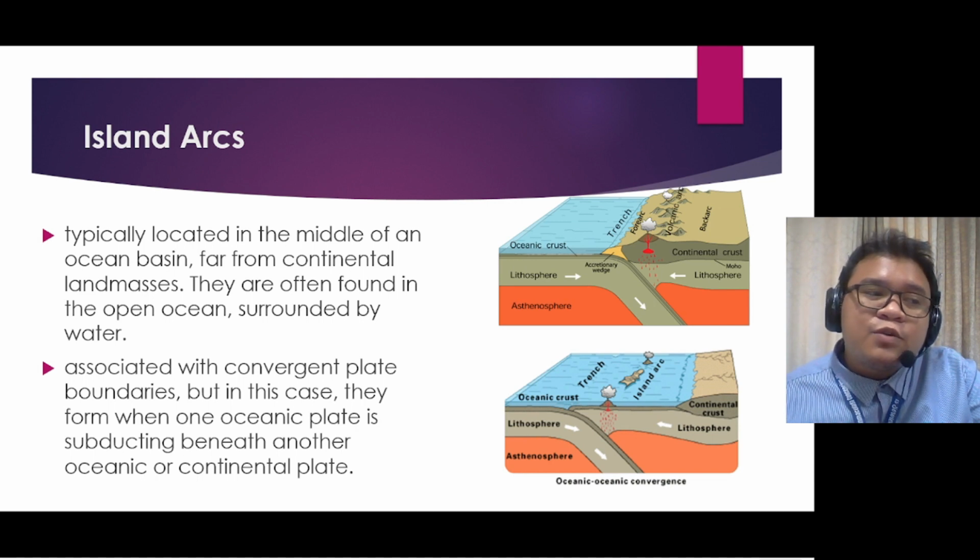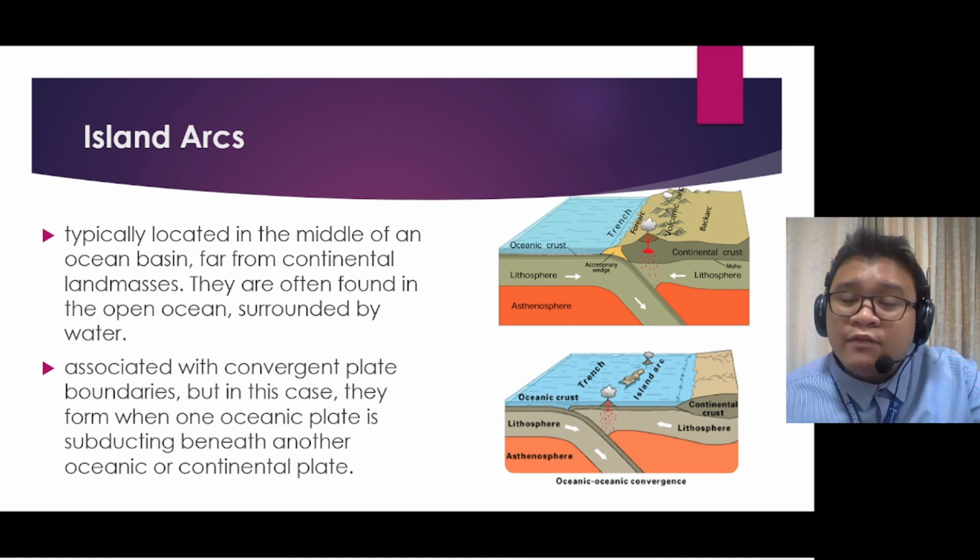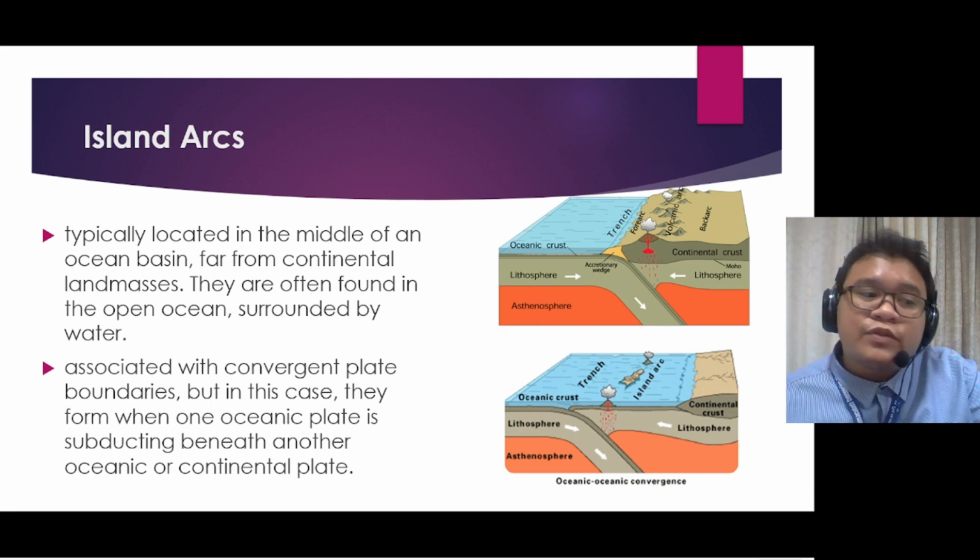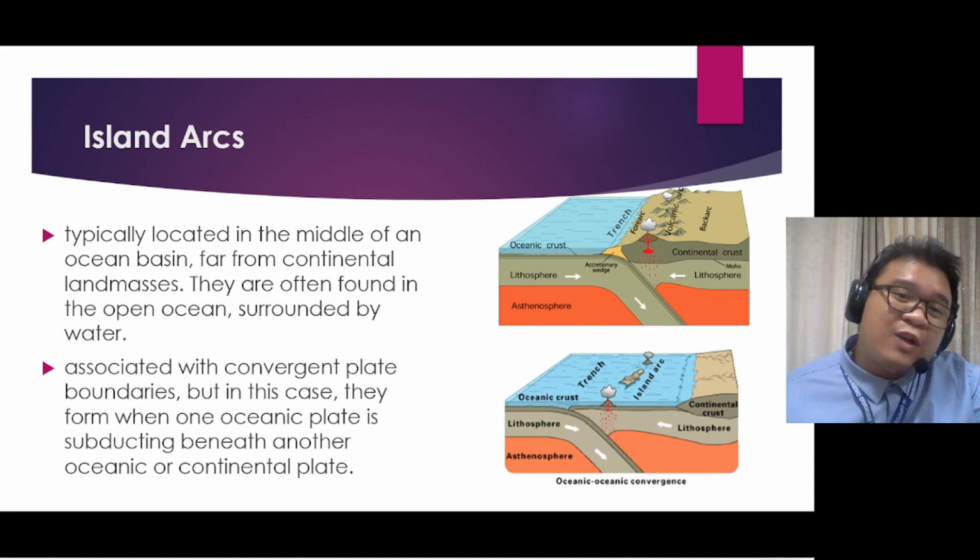Okay? So, what's the main difference now between these two? In essence, a volcanic arc can include islands or mainland volcanoes or belts of volcanoes. But the island arc is usually associated with a chain of volcanic islands only.